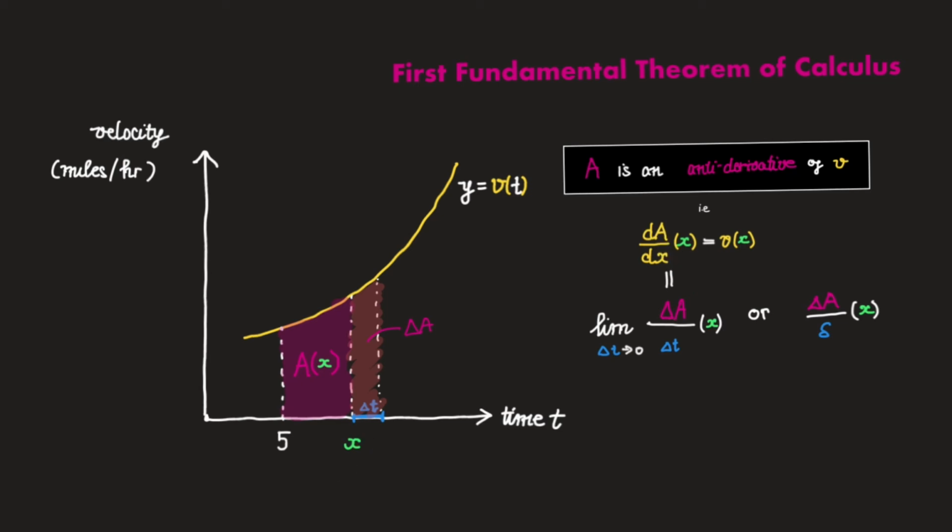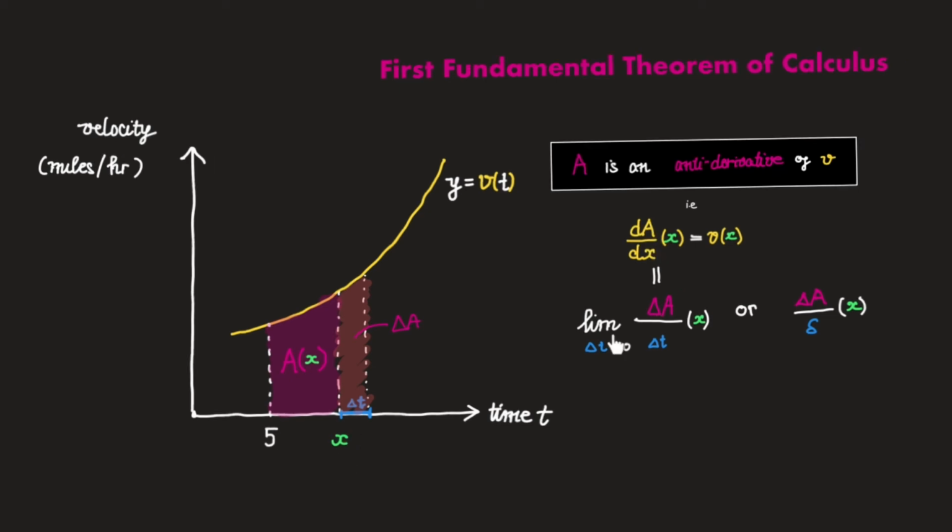Now, if you don't want to have to use limits, then recall that an equivalent way of defining this instantaneous rate of change is by letting this time interval delta t be very small. More precisely, we'll let it be an infinitesimal.